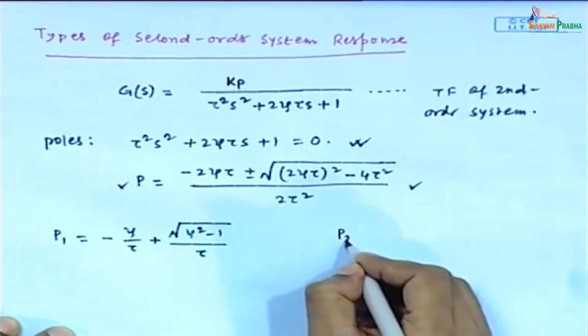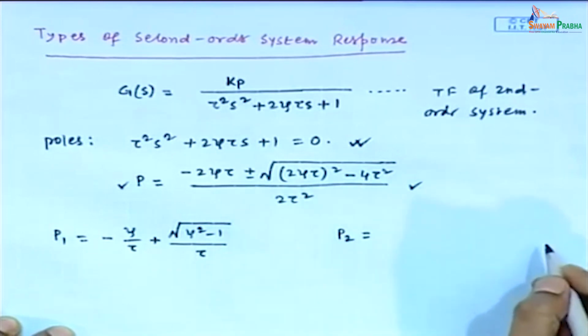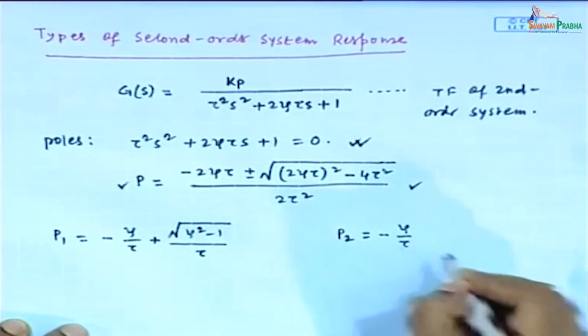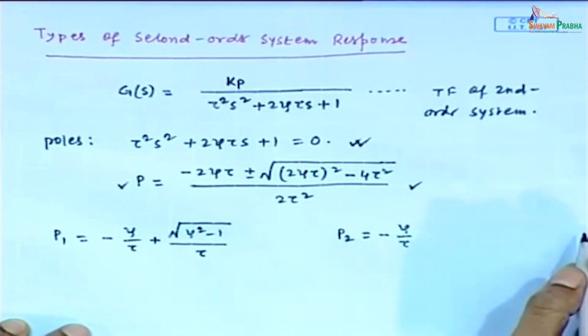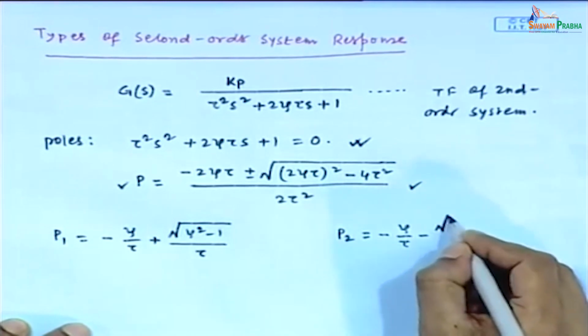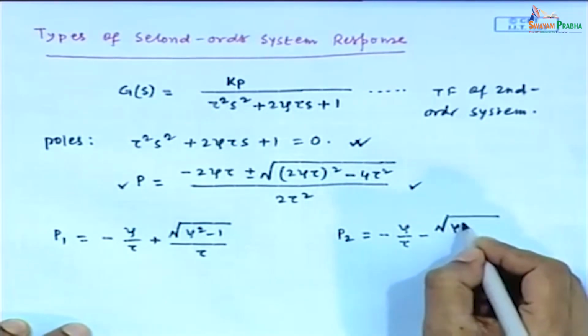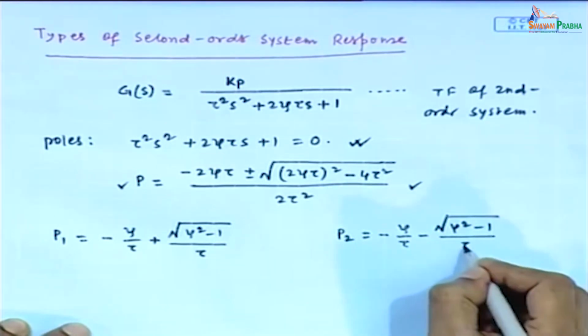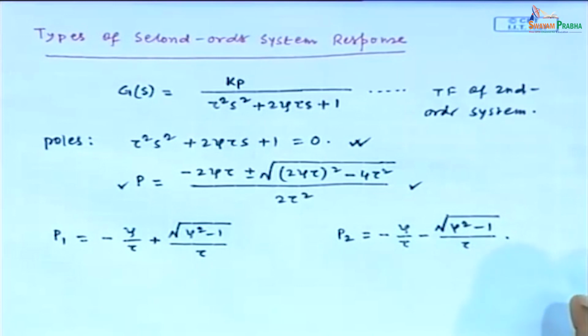Another pole is P 2, and P 2 equals minus zeta divided by tau minus root over zeta squared minus 1 divided by tau.